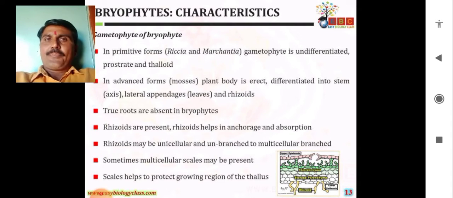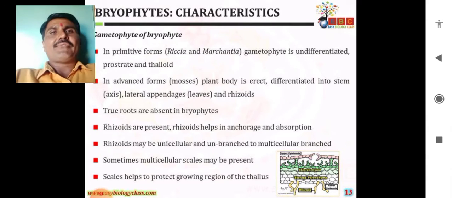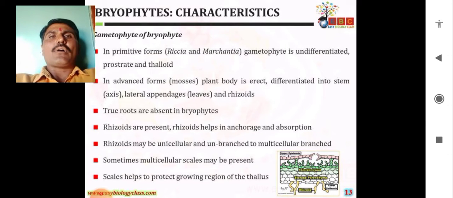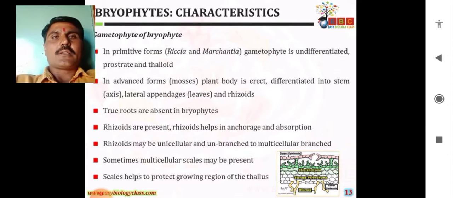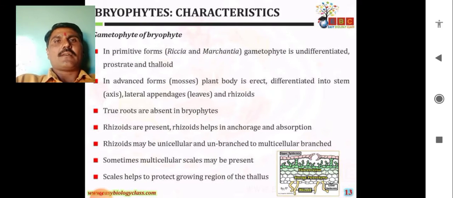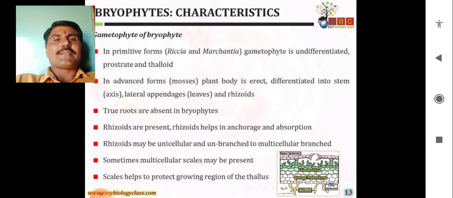in our previous talk, we saw how the bryophytes are plants which prefer to grow in marshy and wetland areas, so they are also known as the amphibians. Amphibians means they have the ability to survive in the water as well as on the land.